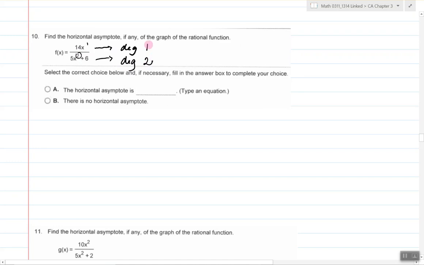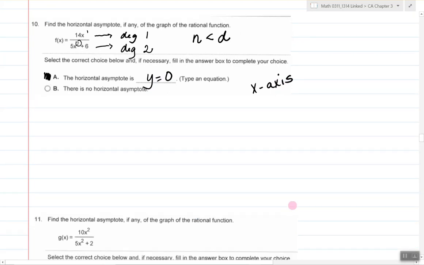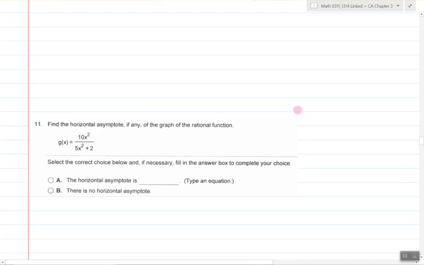This is a case where the degree of the numerator is less than the degree of the denominator. Therefore, you don't have to do any more calculations or study. The line y equals 0 is the horizontal asymptote, which, by the way, is the x-axis. That means the x-axis is the snuggle line. We put it all together toward the end of the lesson.